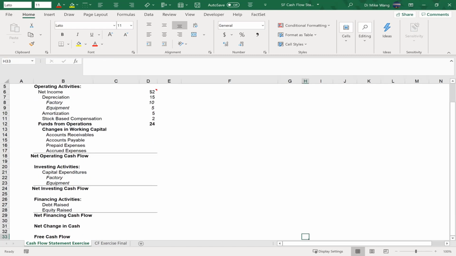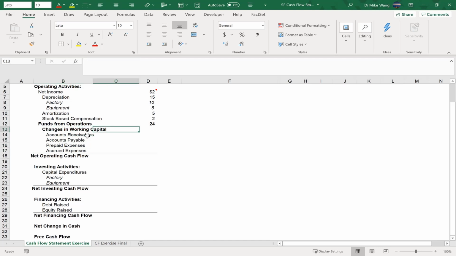Changes in working capital encompasses accounts receivables, accounts payable, prepaid expenses, and accrued expenses in this example. And since we're logging in year one's cash flow activities, we're going to start off with $0 balances for all these items.